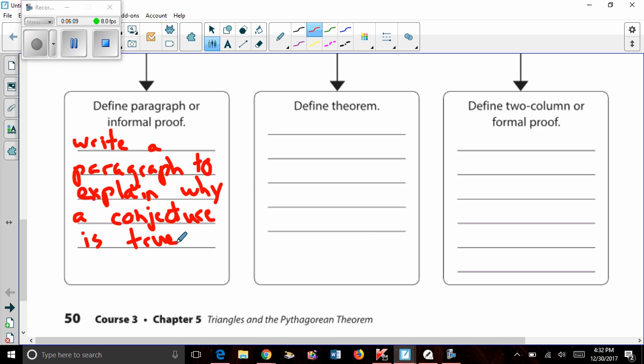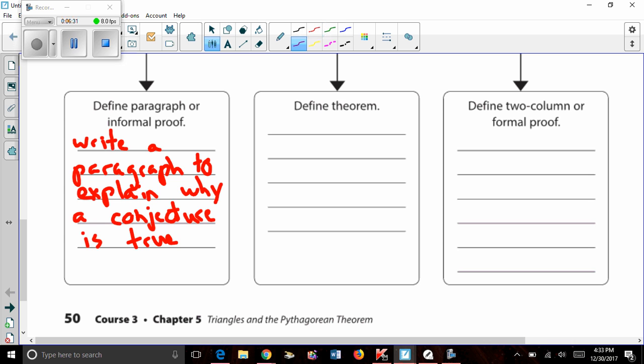You guys have actually done stuff similar to paragraph proofs as you were writing essays in your ELA classes. It's the same type of structure. You would make a statement with some sort of explanation in order to reach some sort of logical conclusion.